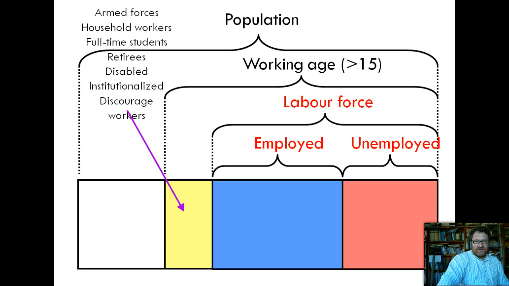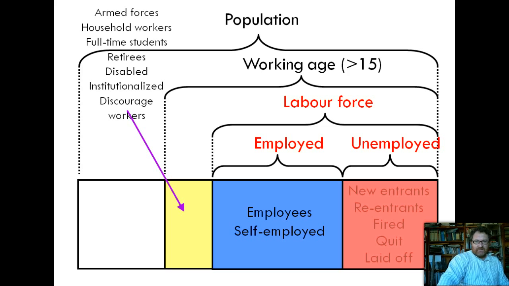Full-time students, retirees, the disabled, institutionalised, and discouraged workers. They all fall into that category. They're not in the labour force, but they're over the age of 15. They're of working age. The people who fall into the population who are not of working age, that's basically kids.